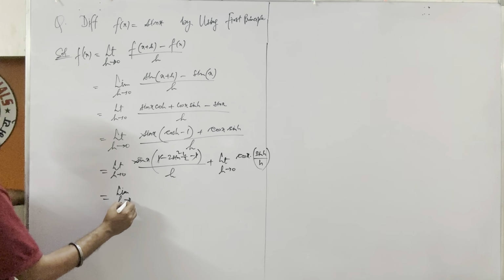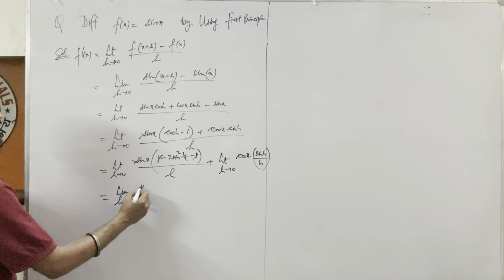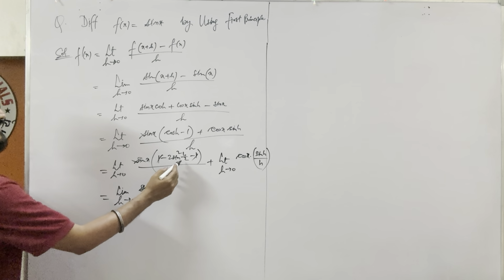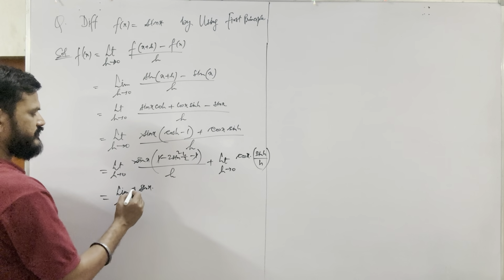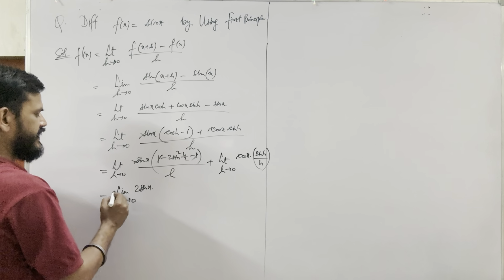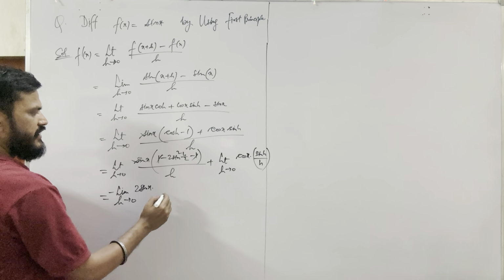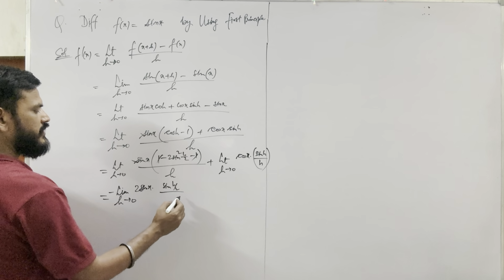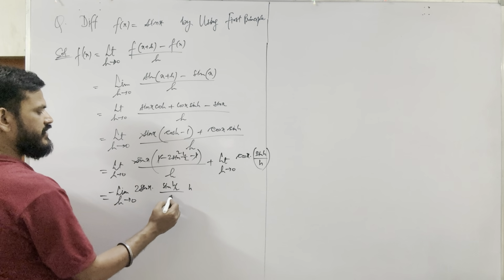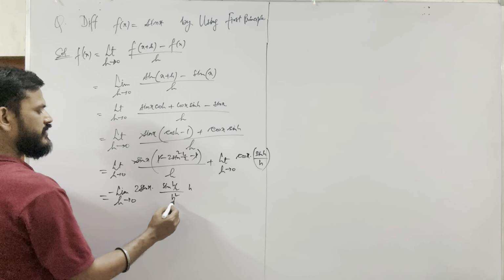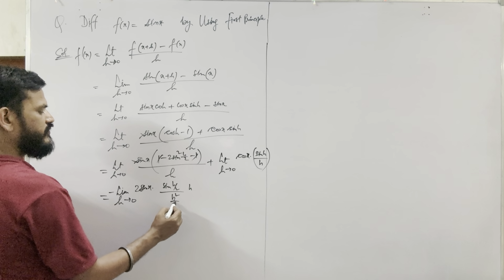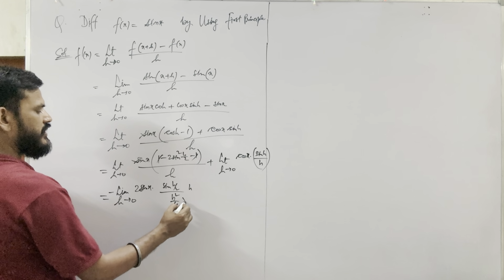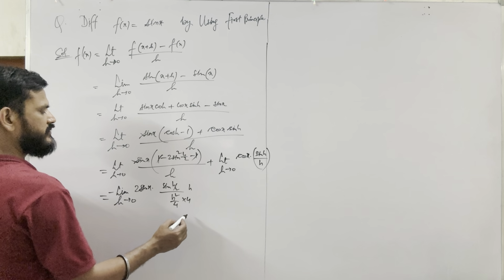We have limit h tends to 0, sin x, and then we'll take 2 outside with negative outside, and then sine of h by 2, we multiply by h, and then the denominator becomes h square, we divide by 4 and multiply by 4.